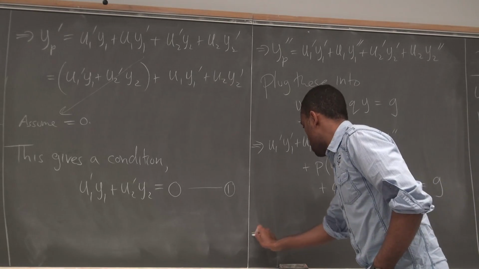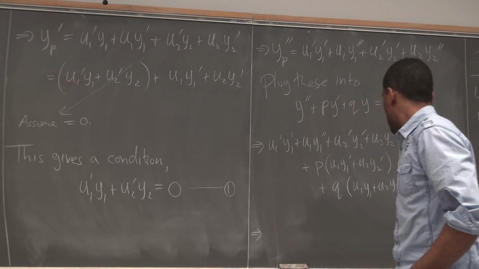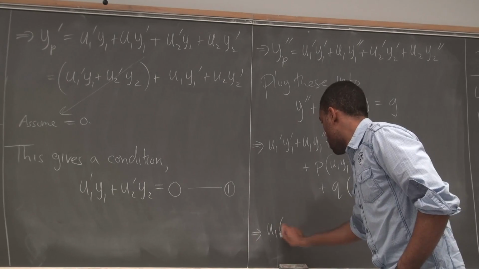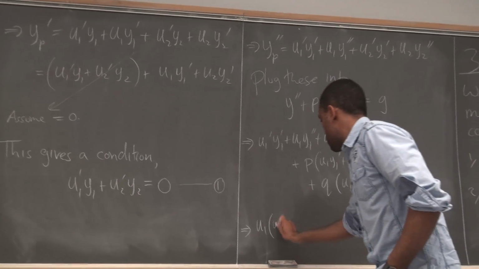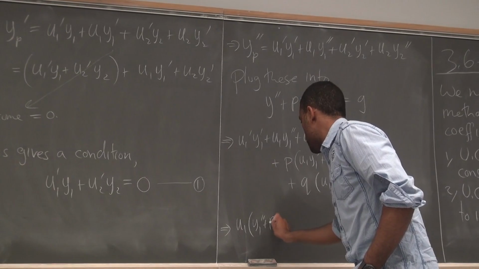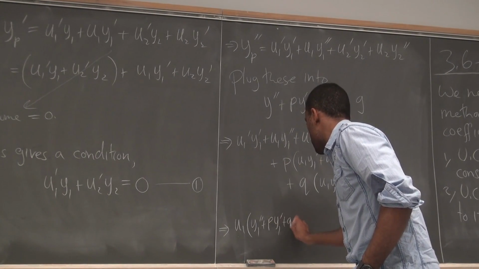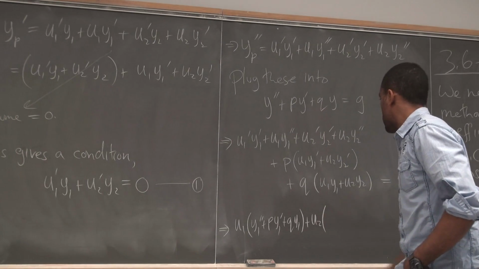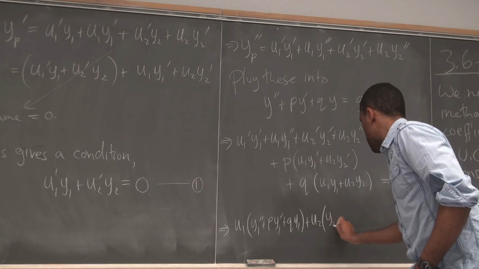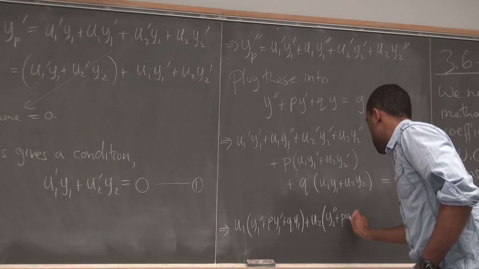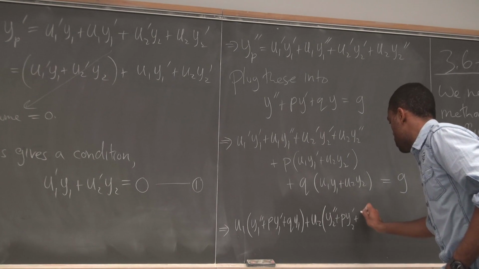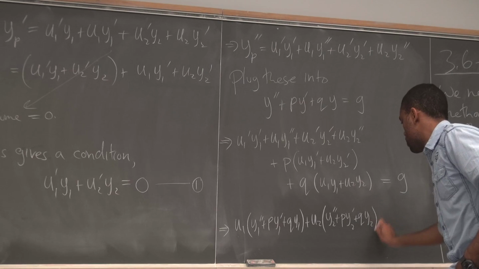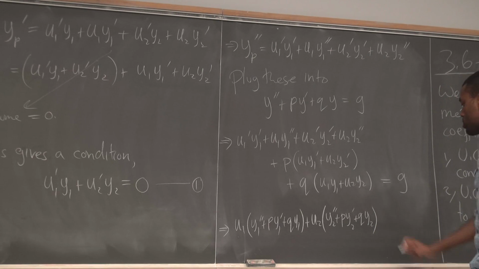So what would we end up with? Well, it turns out we'd end up with u1 times y1 double prime plus p y1 prime plus q y1, plus u2 times y2 double prime plus p y2 prime plus q y2, plus what we would be left with.